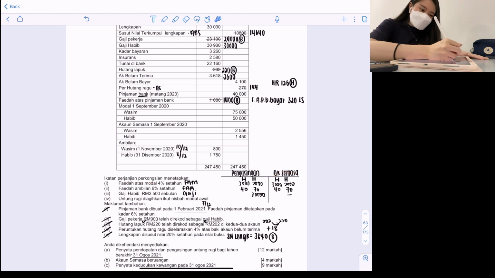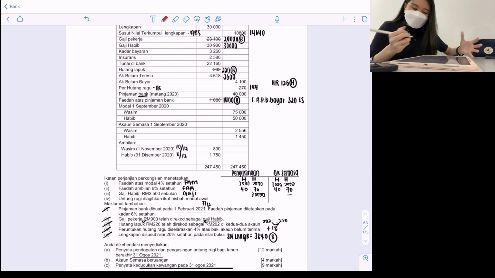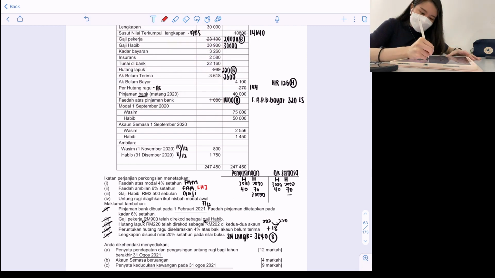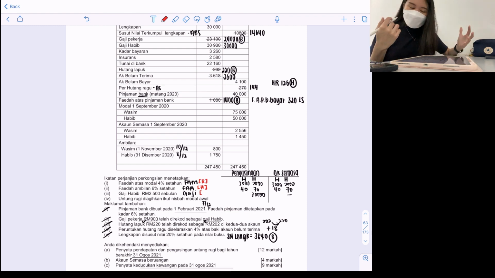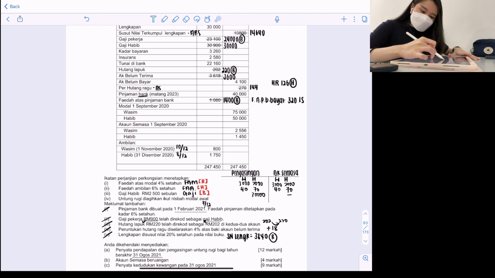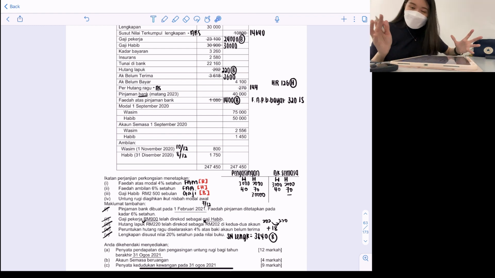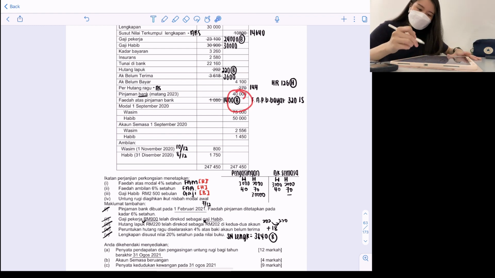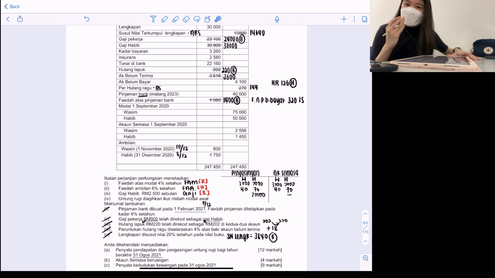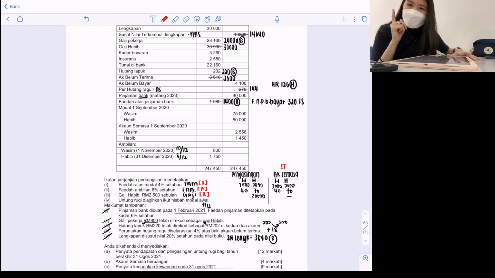Okay, so how are we going to position them? Yeah, very quickly, faedah atas ambilan is the only hasil for pengasingan, and the rest are all the belanja. But it's in a special way, okay? If you compare to the symbol that I've written earlier on, those are in circles, but this one is in bracket form, okay? So then we will do this. So for account semasa, you must treat it as an equity pemilik. EP stands for hutang kepada Perkongsi.